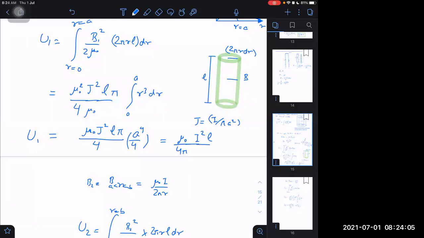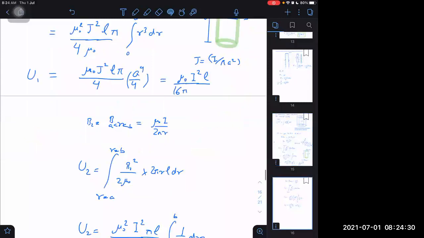And a raised to power 4, but here it will be J square, so a raised to power 4 will be in denominator also. That will be gone away, cancelled. Then 1 by 4 remains here. This 4 is also there. Then it will become 16 pi, I think. Yes, sir. That only.